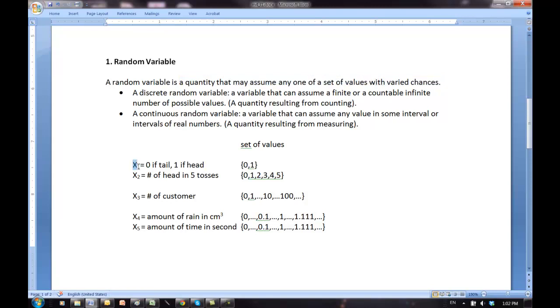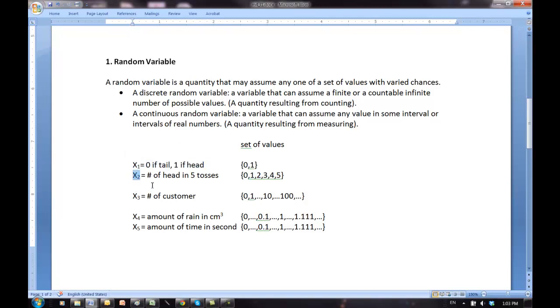So we use x1 to indicate the coin tossed. If we get a head, x1 would assume the value of 1. If we get a tail, then x1 will assume the value of 0.